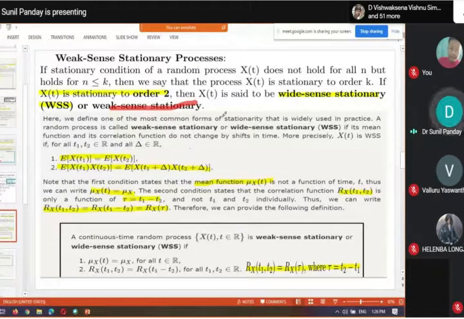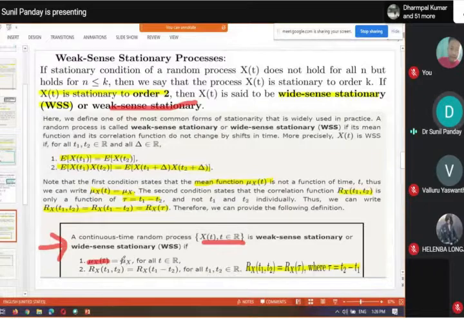Okay, we more specifically define this. A random process xt is weak sense stationary if its mean function mu x of t is equal to mu x for all t, and its autocorrelation function Rx(t1, t2) is a function of the time difference t1 minus t2, and this difference we assume as tau.